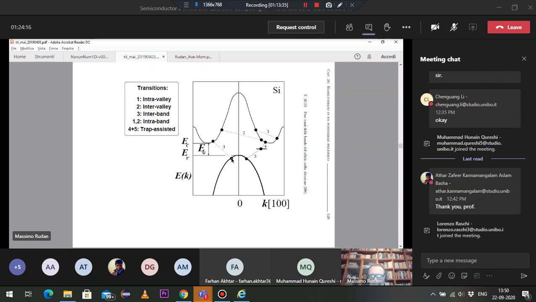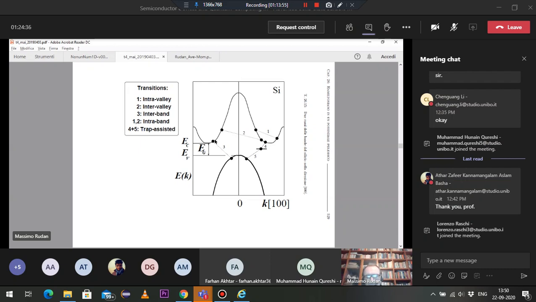The inverse transition is when one electron that is initially in the conduction band loses energy for some reason, because of some collision, so that it makes a transition to the valence band.